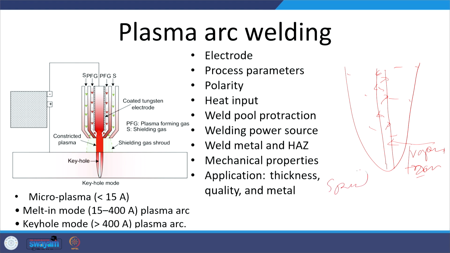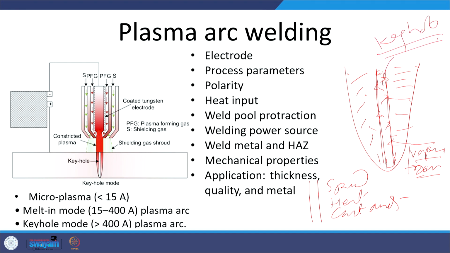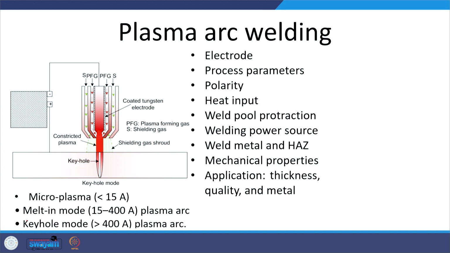So, if the speed, heat, and the current density associated with the plasma, if these three are maintained properly, then this hole remains stable due to the internal vapor pressure, and all around this we have the molten pool. This hole is known as keyhole. This keyhole helps in delivering the heat up to the root of the parent metal which is being welded. And because of this, the keyholing approach allows the welding of the thick sections also.